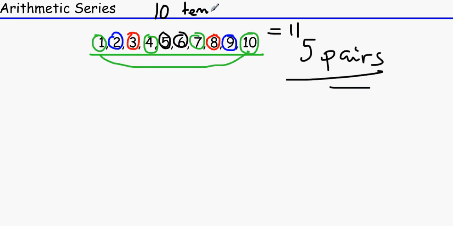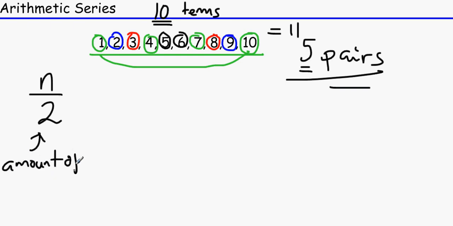To get from 10 terms to 5 pairs, we need to divide by 2. So we've got n over 2, and that gives you your amount of pairs. So that gives me 5 pairs.